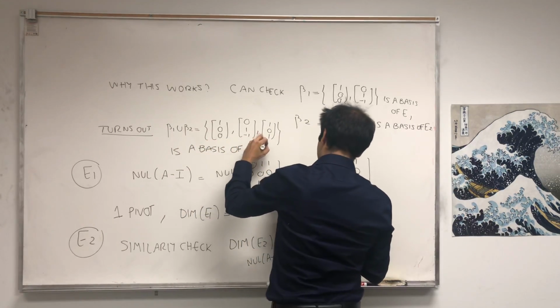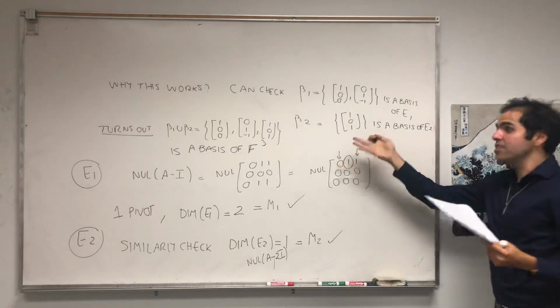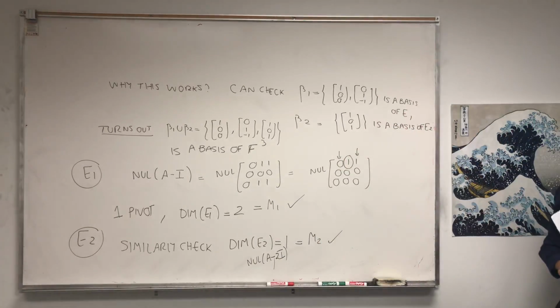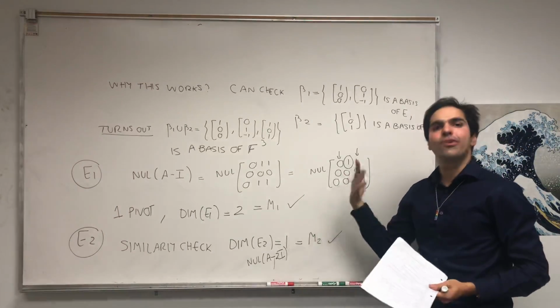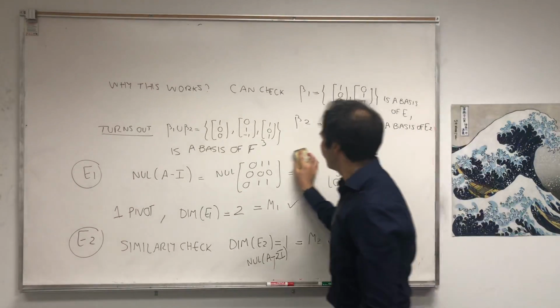Which means we are done. We found a basis of eigenvectors, which means that A is diagonalizable by definition. So this is the cool thing.